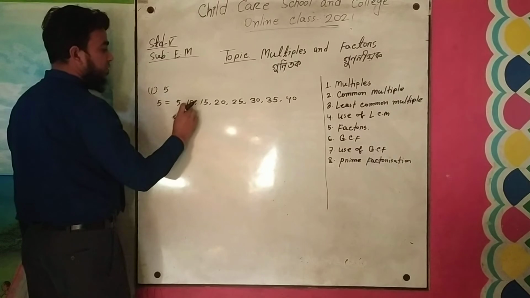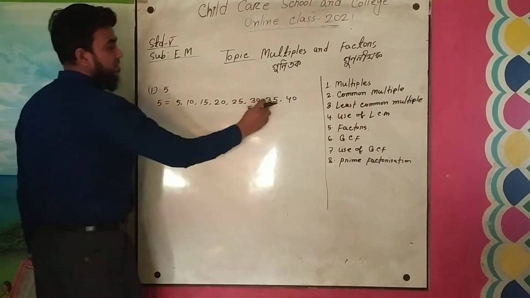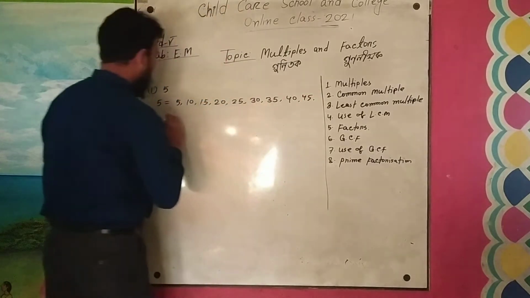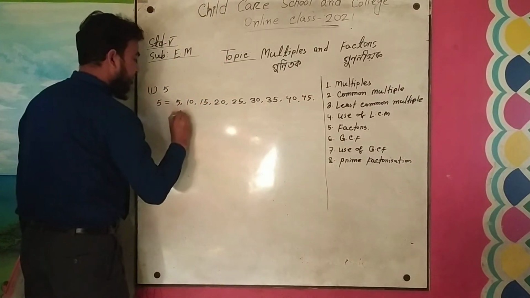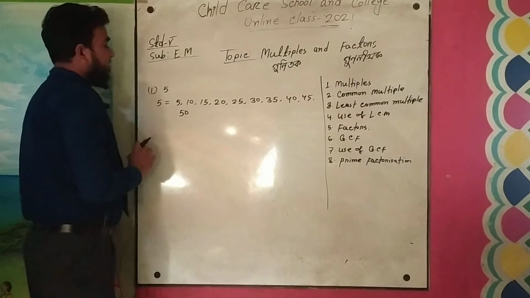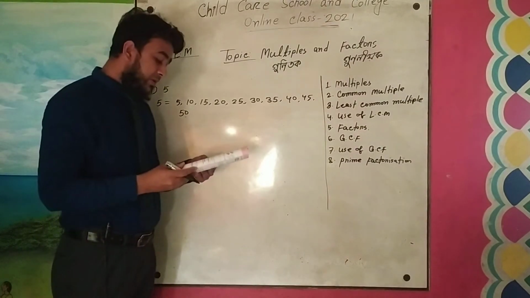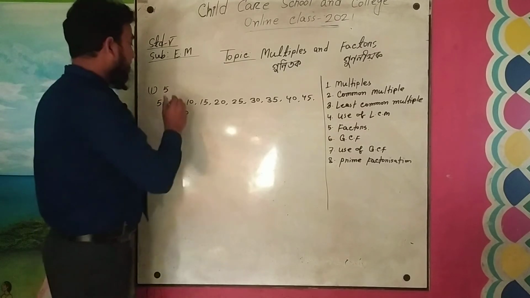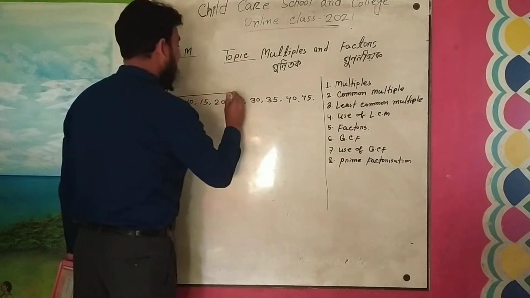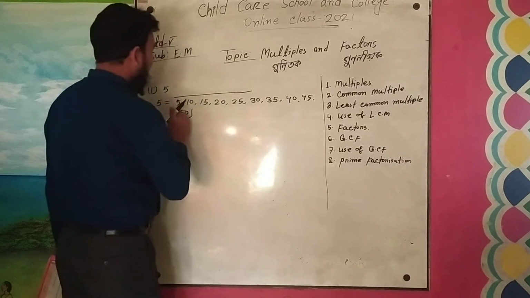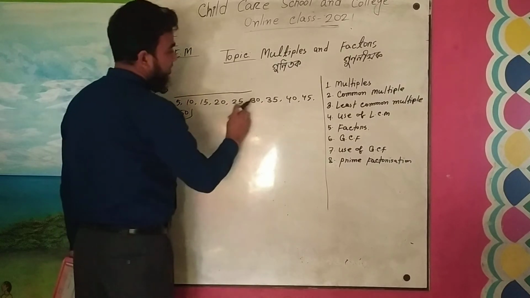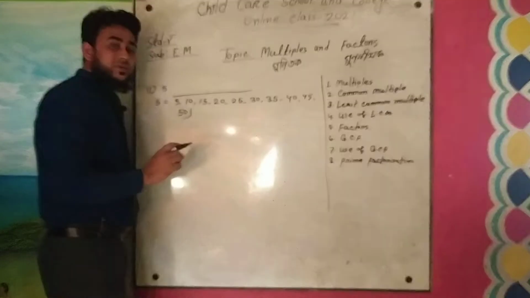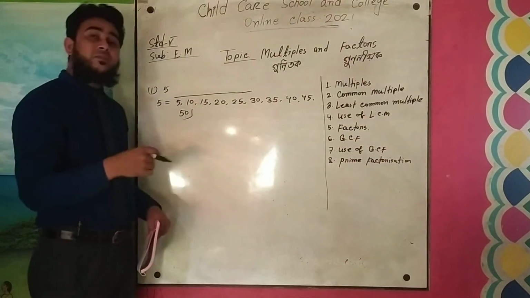How many? 1, 2, 3, 4, 5, 6, 7, 8, then 45, 50. So in total here are 10 multiples. This way we can write. You know that if we learn the tables of multiples, then we do it for this, 1 to 10. Ten multiples. If we want to write more, we can.